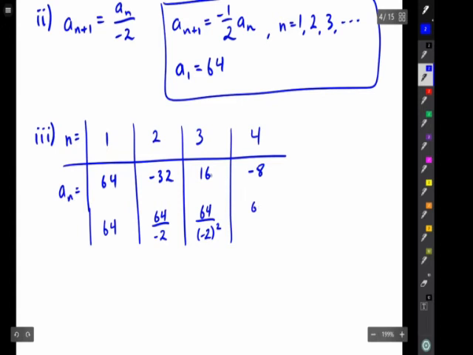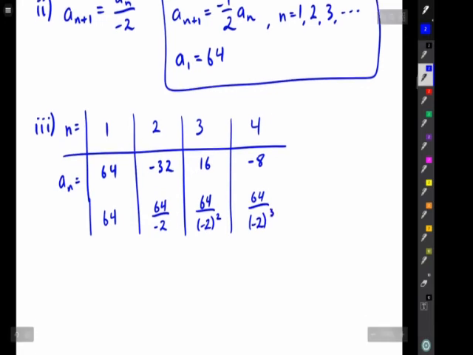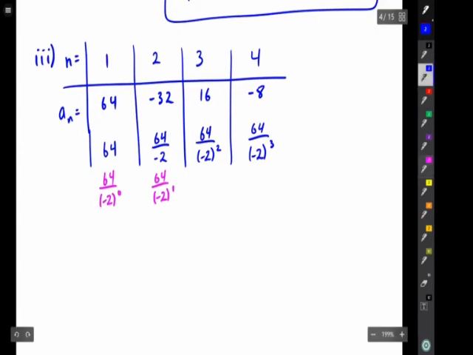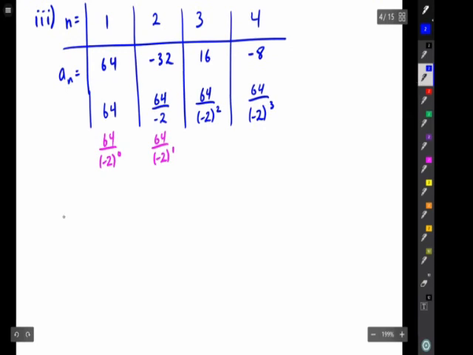Here, I'm going to take this and divide by another negative 2, so we're going to have divided by negative 2 3 times. And so if you think about it, this is 64 over negative 2 to the first power. This one here is 64 over negative 2 to the 0 power. And so an explicit formula here could be 64 over negative 2 to the n minus 1.